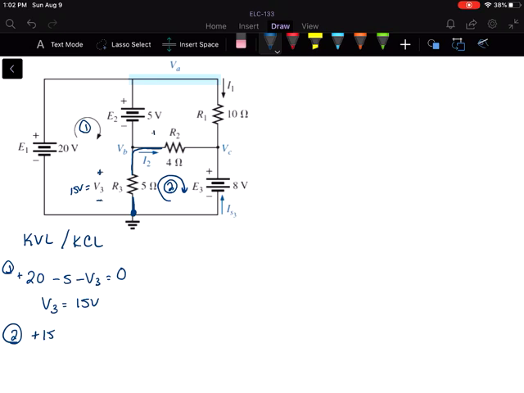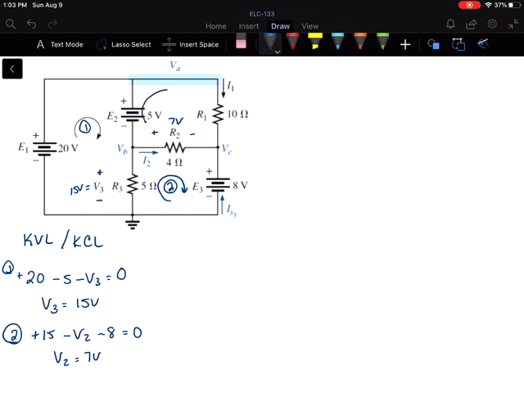I don't know what the direction is, so I'm just going to guess and put plus to minus and subtract that. And then from here, plus to minus means I'm going to subtract the 8 volts and set that equal to 0 as we get back to where we started. And if we solve for V2, we see that V2 would have to be 7 volts. And it was positive, which means the direction I picked was right. If it were negative, I would just change the direction. So that would have to be 7 volts.